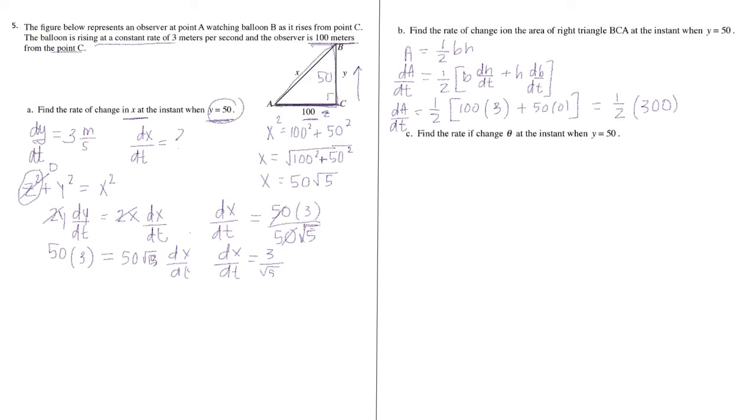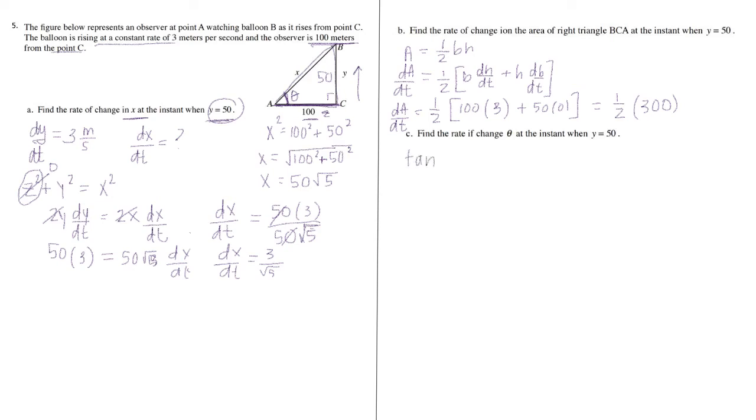So let's go back. Right here's our angle that it would be talking about, the rate of change of that angle. And let's see, we need to use at least one of our givens. So I would do opposite over adjacent. So we're going to have to do tangent.